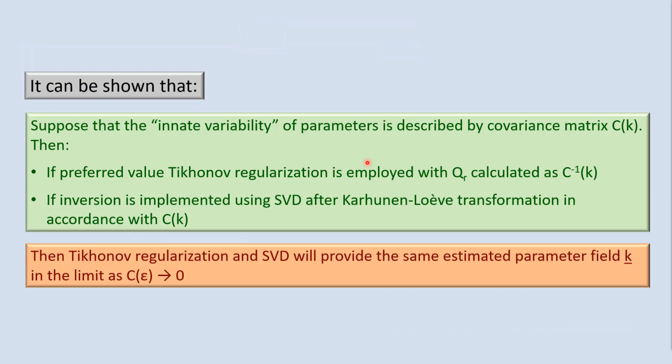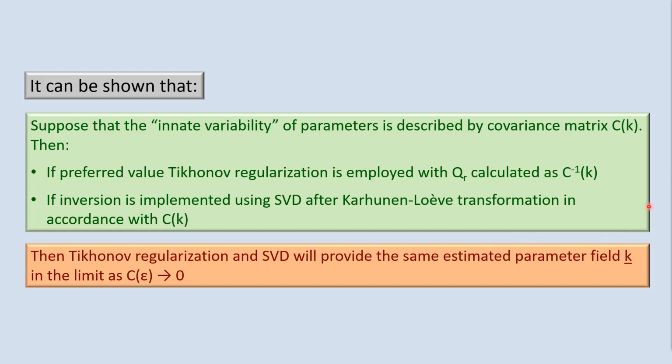There's another interesting matter that's worth discussing, and that's the relationship between Tikhonov regularization and singular value decomposition. It can be shown that if certain conditions are met, they achieve the same thing in solution of an ill-posed inverse problem.